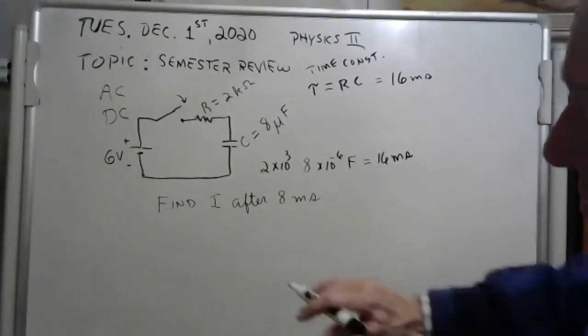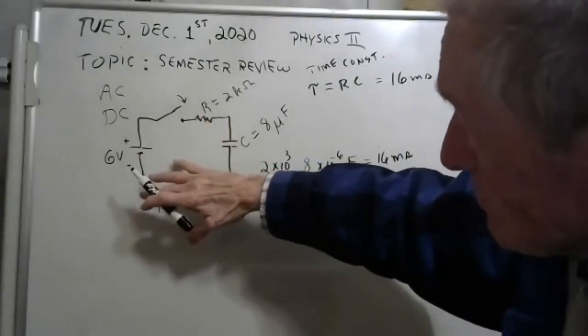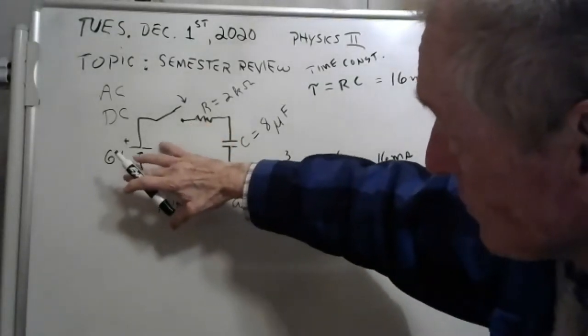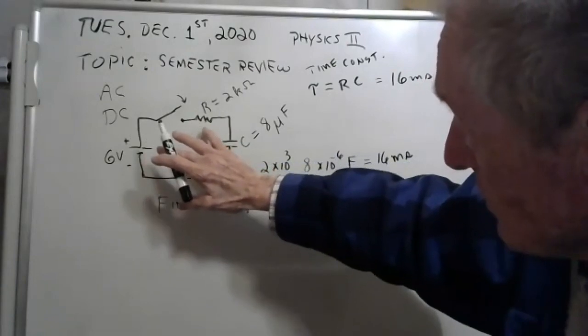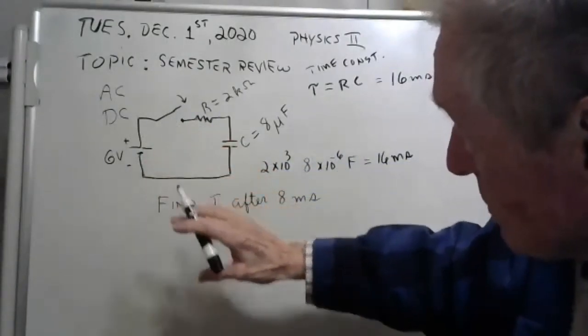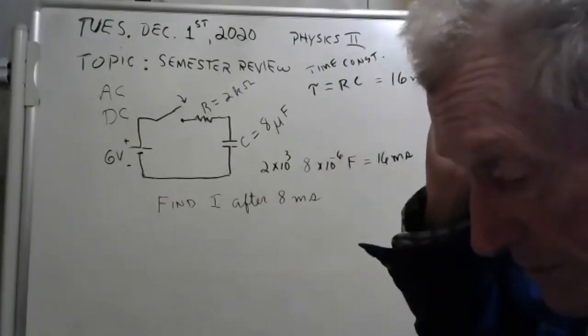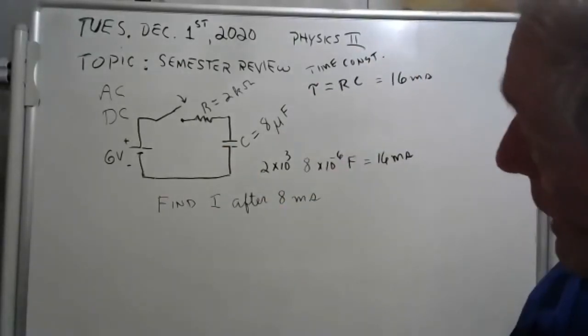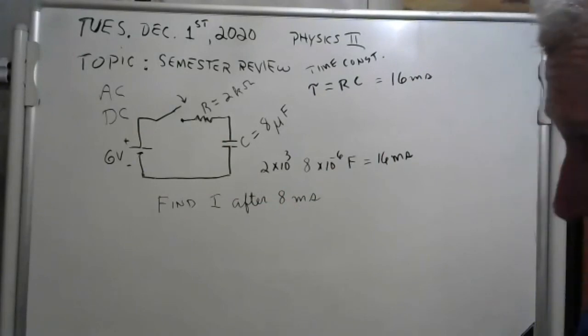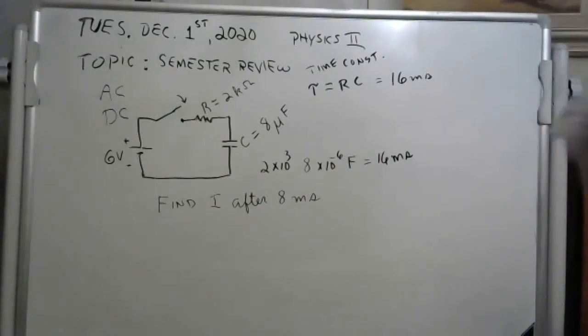Find the current. See, when you throw that switch, you all know what's going to happen. There's going to be some current, and you're going to start filling up this capacitor. And I want you to find the current after 8 milliseconds. I'll be quiet, and I'll let you work for a minute.